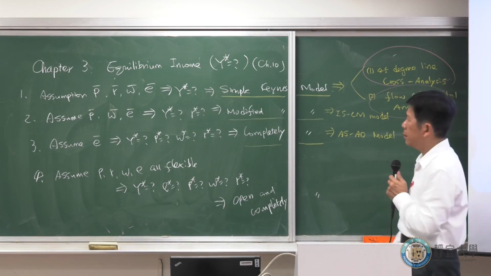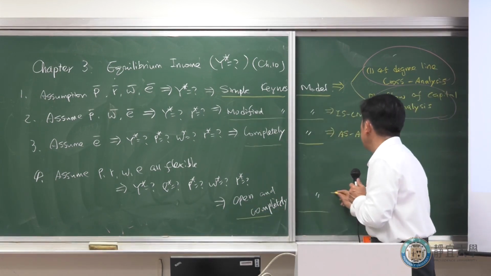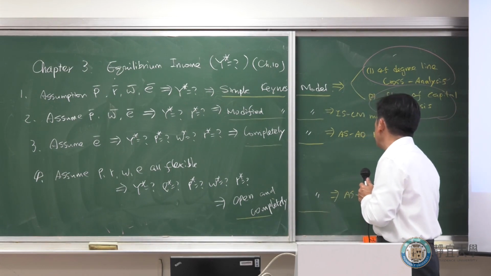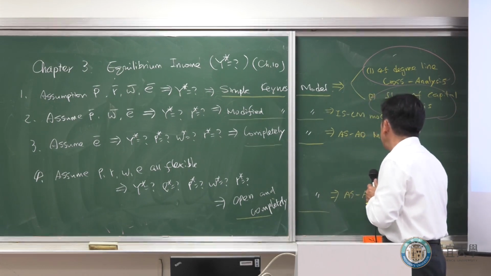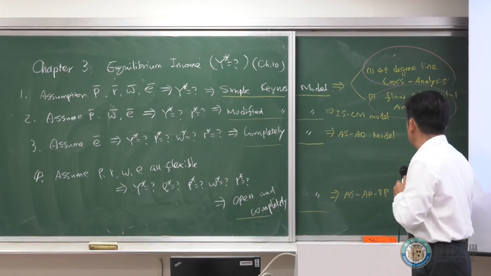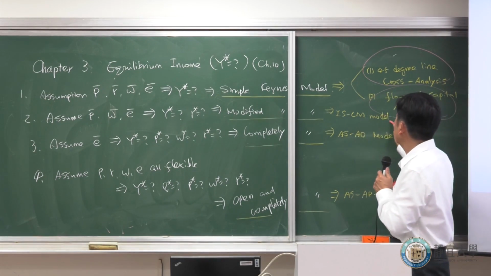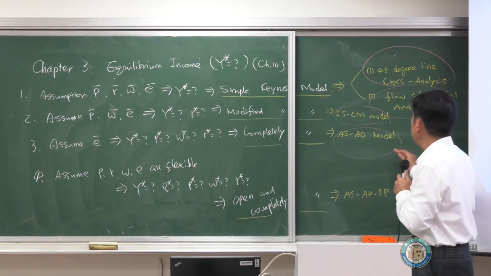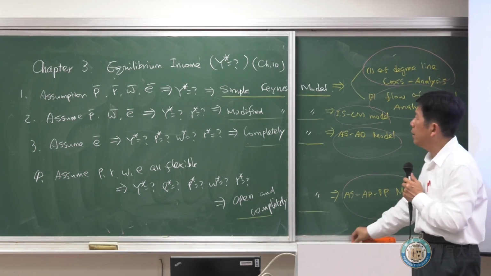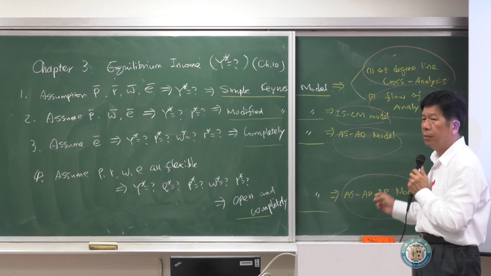Finally, this is what we call the AS-AD and BP model. Do you remember? We can find all the story like this situation.